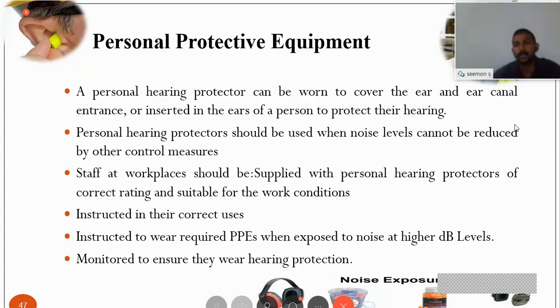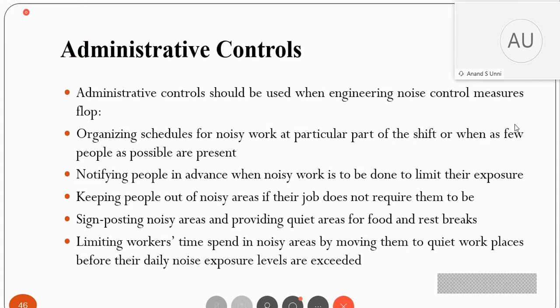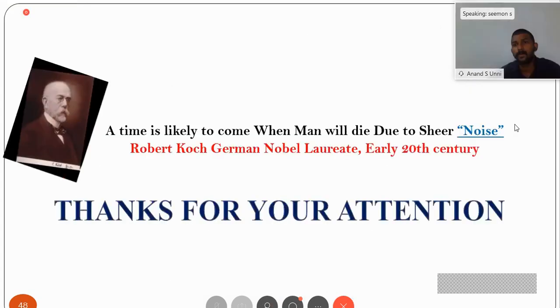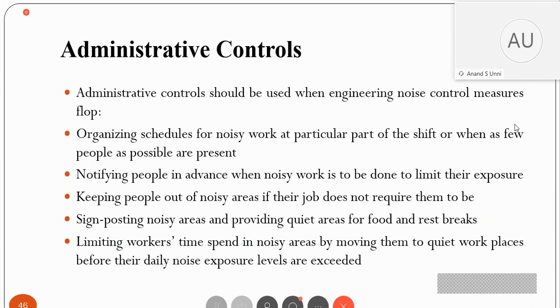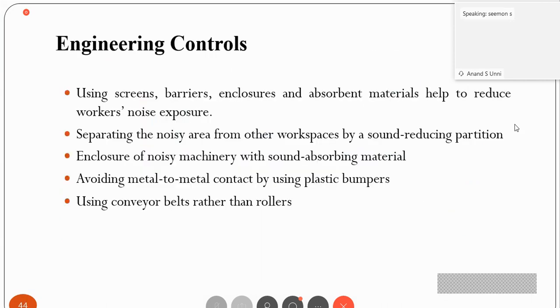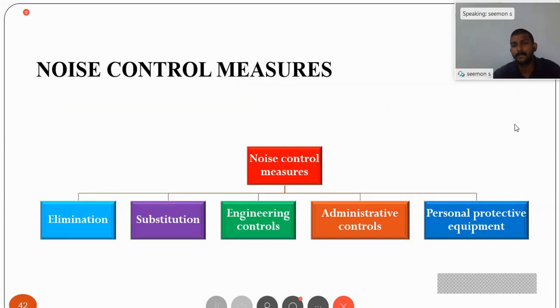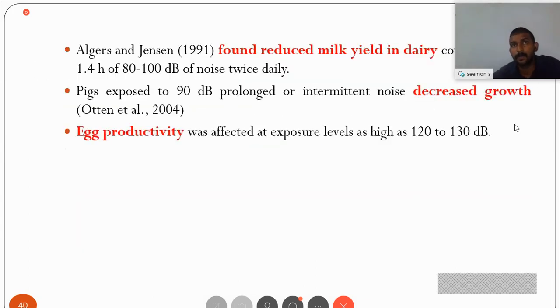Next question, how can we take precautions against sound frequencies other than the audible range? The question is how can we take precautions against noise which has a frequency other than audible frequency?